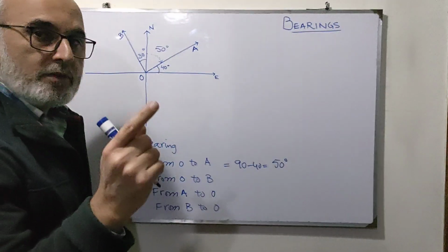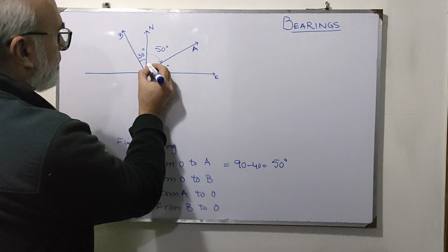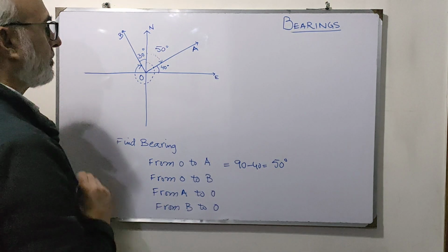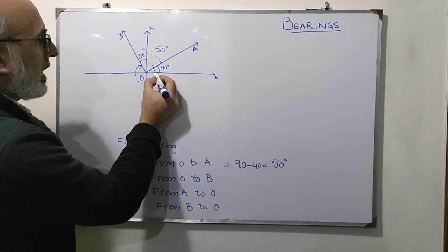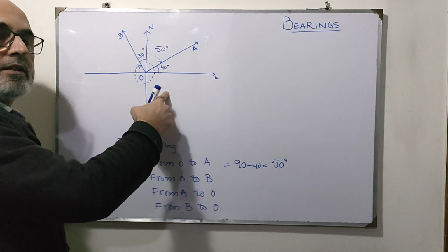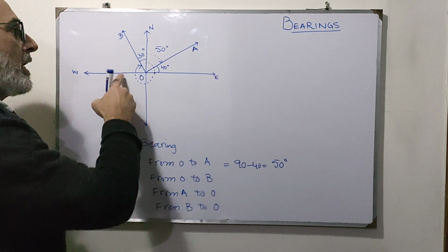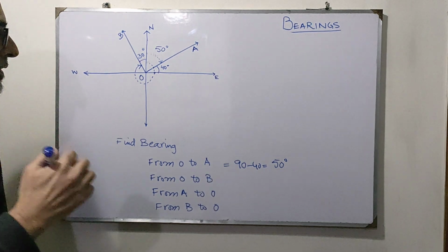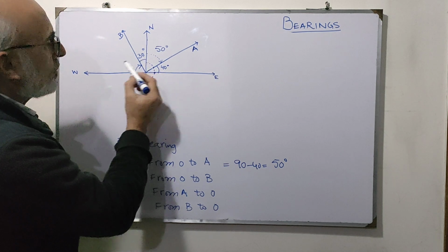Again, we have to measure from north till B. We know that from north to east it's 90, from north to south it's 180, coming towards west it is 270, and then coming back to north it is 360. But the given is that B is making 30 degrees with north.